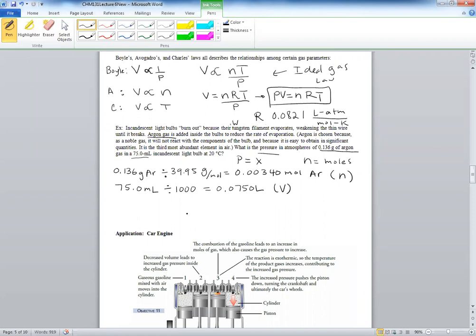It's always given to you. You shouldn't memorize it. Therefore, we are solving for P. And temperature, of course, we need to convert to Kelvin. So T is going to be 20 plus 273, that would be 293 Kelvin.